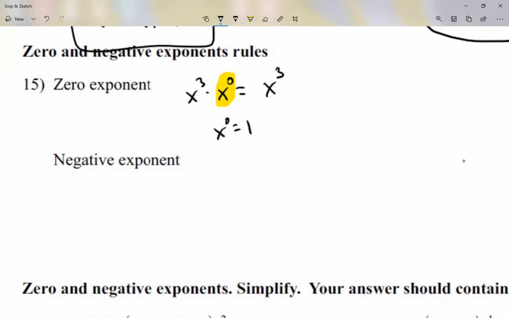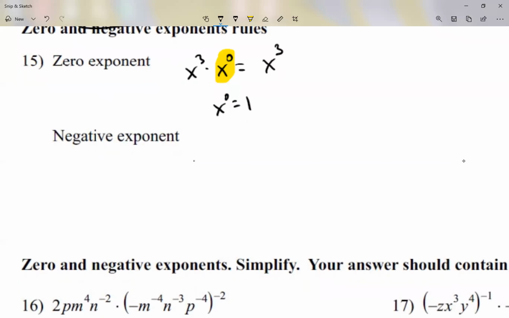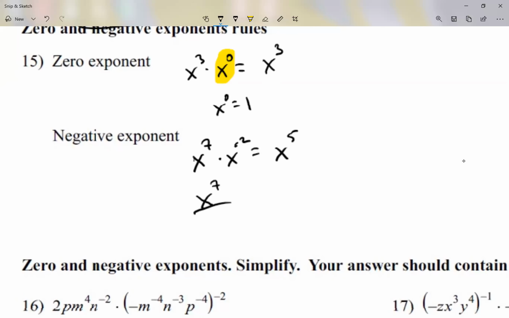Now, our negative exponents. We have x to the 7th times x to the negative 2. I know that gives me x to the 5. However, I could have just written this as x to the 7th over x to the 2. I know that also gives me x to the 5.